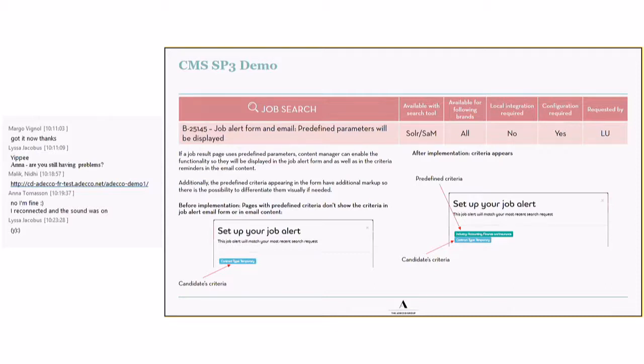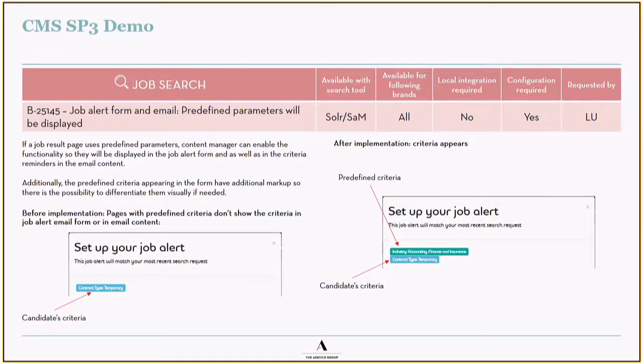And also within the email content itself, as a content manager, you can define a token, which is a reminder of all the criteria used by the candidates, and to make sure that the predefined criteria, so the industry criteria in this use case, will also be reminded in the email content. So we have extended that to not just cover the industry criteria.